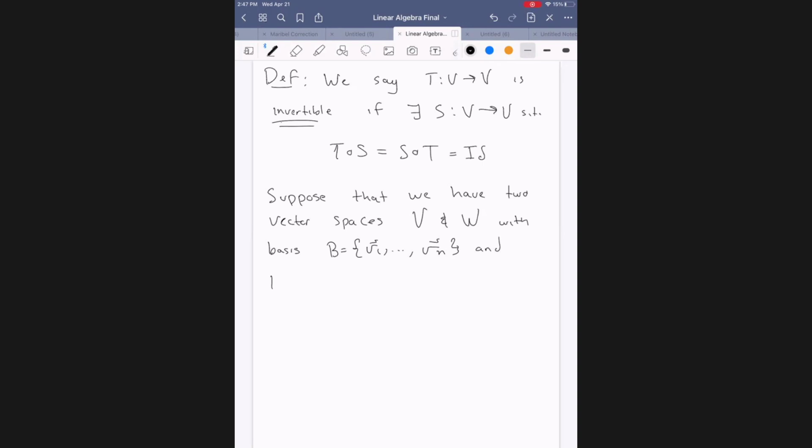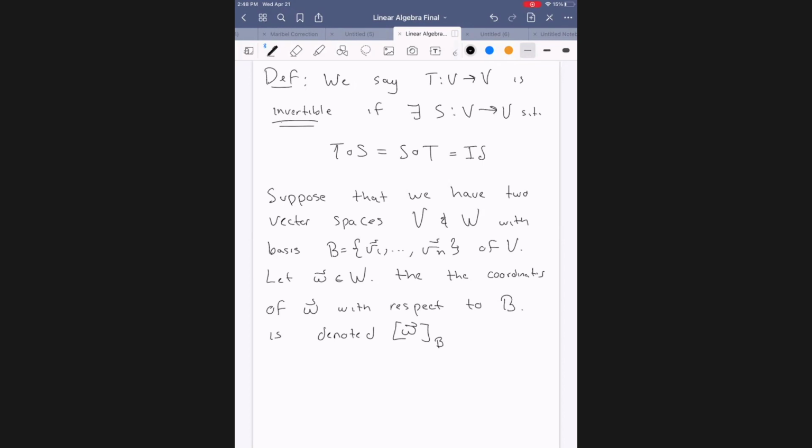Okay, so let's start off with a basis of V. Let W be in W. Then the coordinates of W with respect to B are denoted as W, and then you put this bracket with B here.